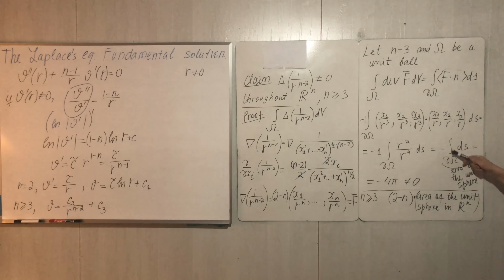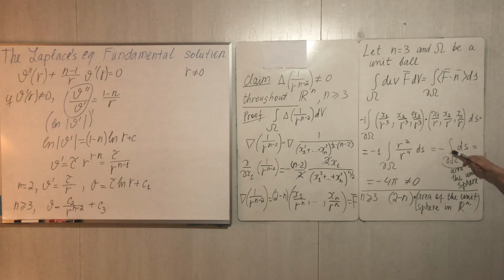That gives us the area of the spherical surface, which equals 4 pi, and this is definitely not equal to 0.